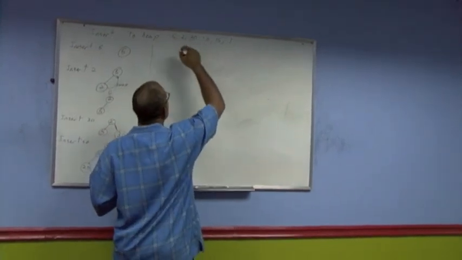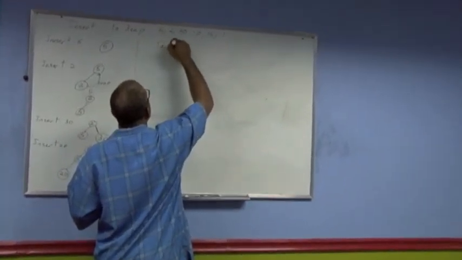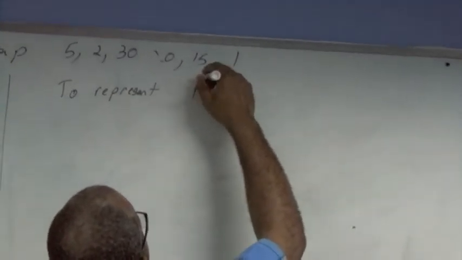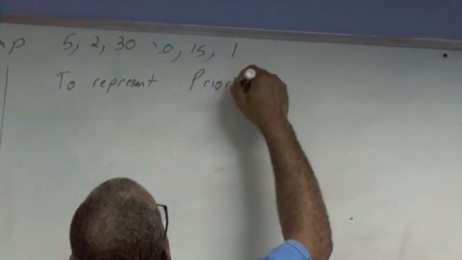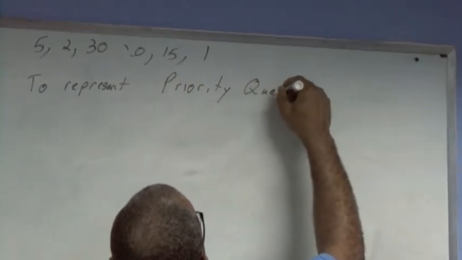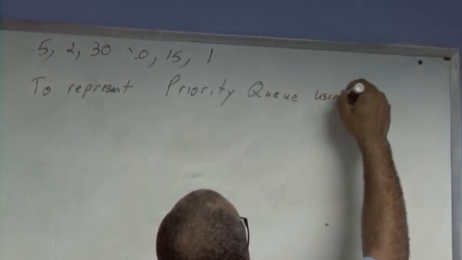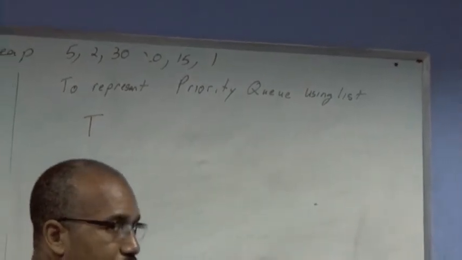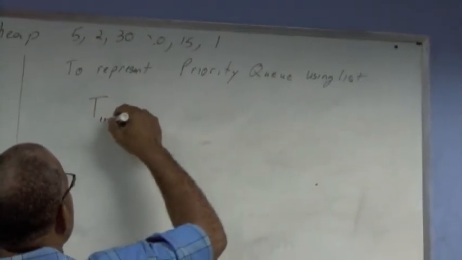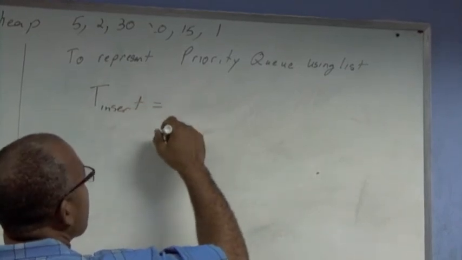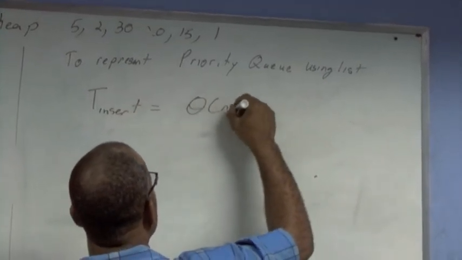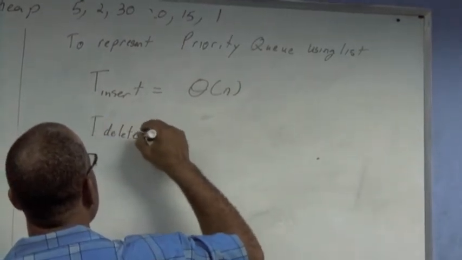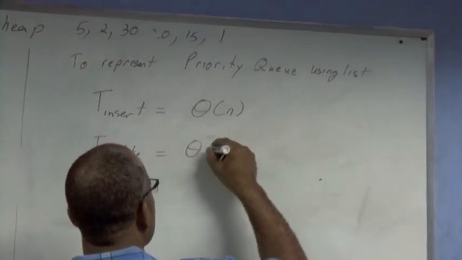So to represent a priority queue using a list, let me say the time to insert is T insert, and T to delete equals theta 1.